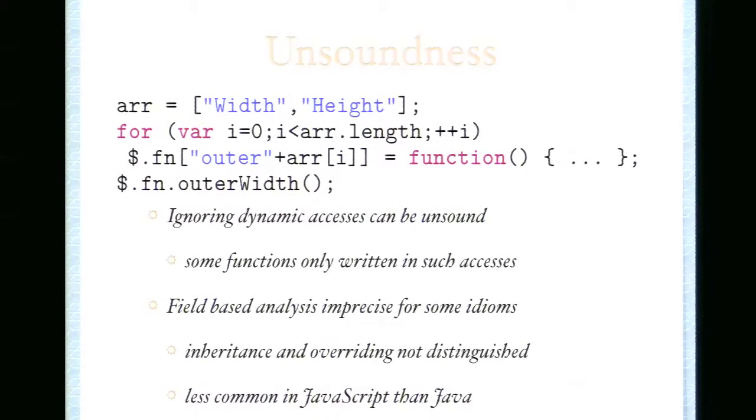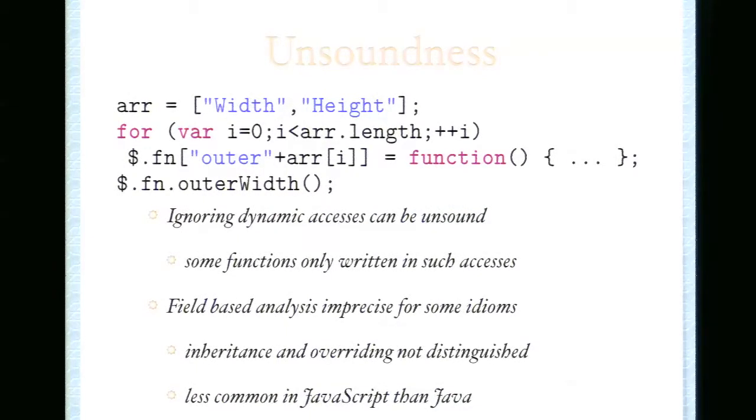Sadly, all of these are taken from relatively old versions of jQuery by now, and jQuery has in fact become even worse over time. So what happens? We have an array with 2 strings in it. We now loop through the array. We take the name from the array, we prepend outer to it to build a new string, and we assign to that field.